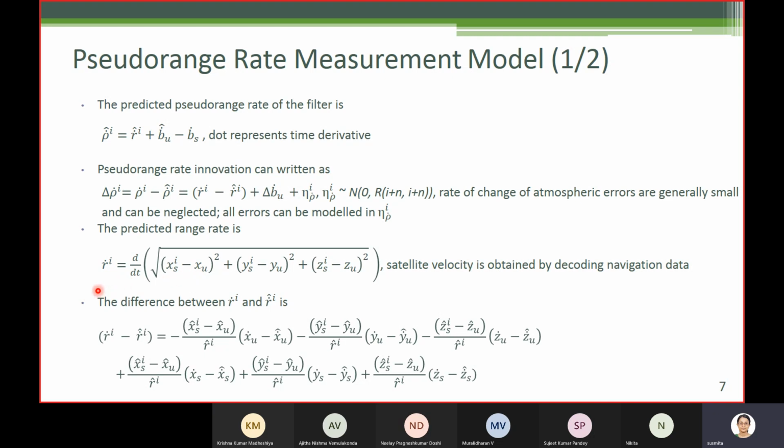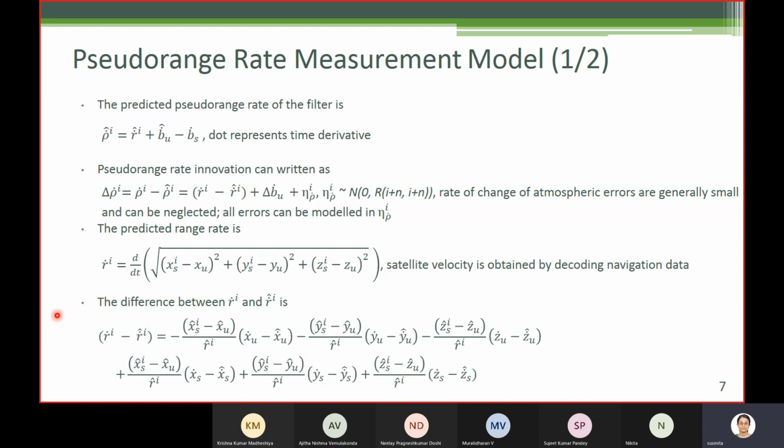Just like this range difference, here also we need to do the range rate difference, and then rearrange the terms, following the same procedure as before. And then here we will get the user position error in the x coordinate, y coordinate, z coordinate, and the user velocity error in the x coordinate, y coordinate, z coordinate. Similarly for satellites.